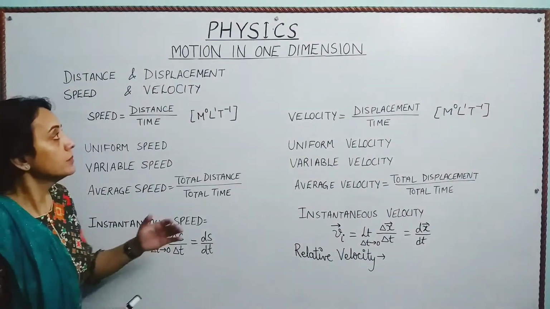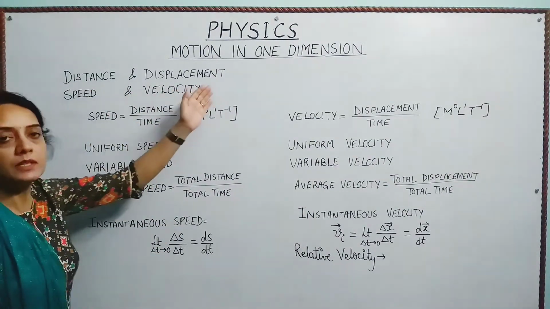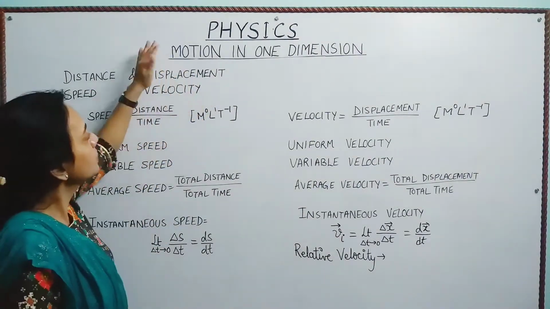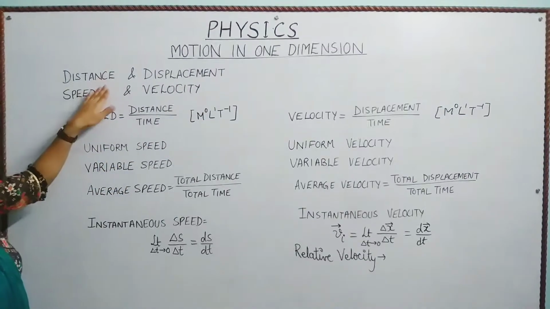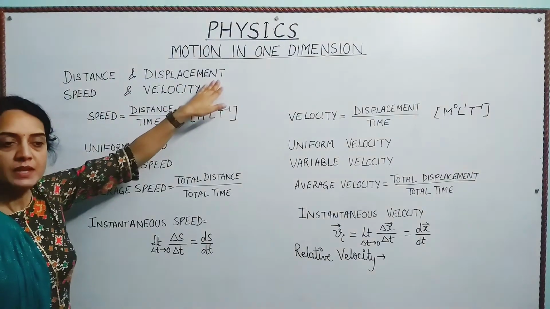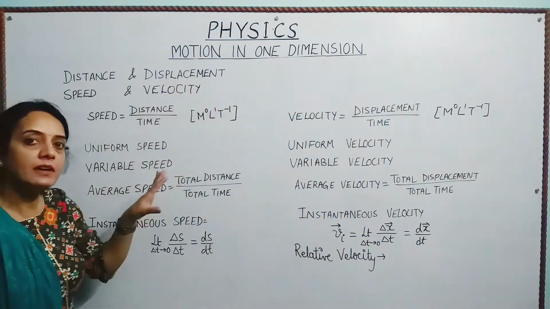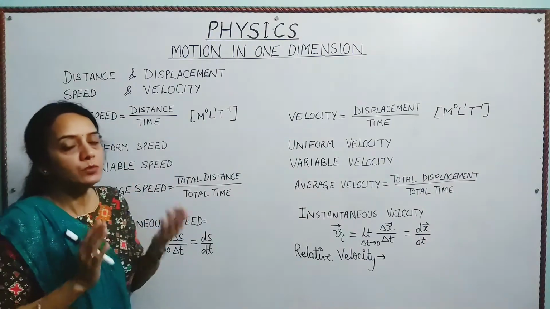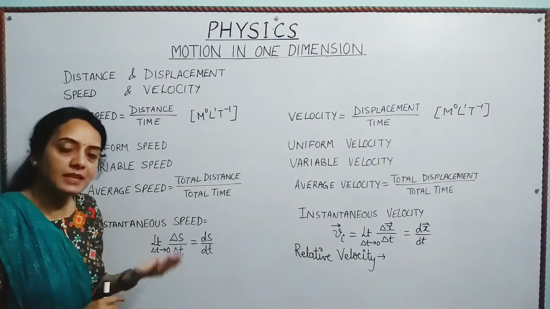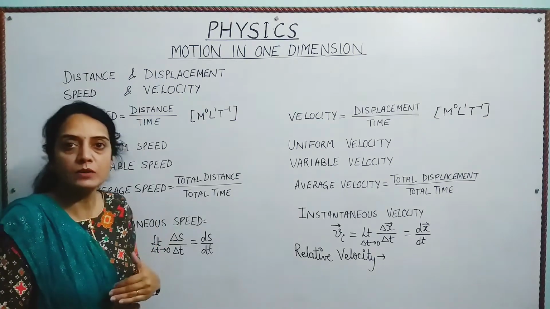Now let us discuss a few other physical quantities which we require in motion in one dimension. Distance and displacement. This you have already studied in previous classes, and you know that there are two types of physical quantities. One is a scalar quantity, another is a vector quantity.